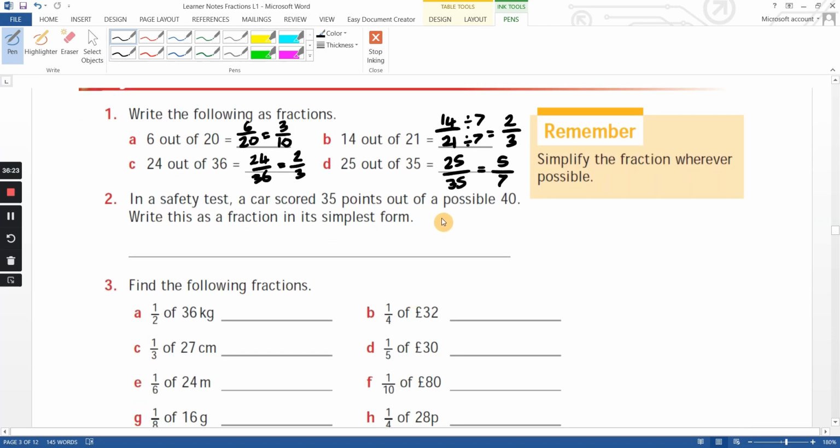Yep, hopefully you got those. Number 2 says, in a safety test, a car scored 35 points out of a possible 40. Write this fraction in its simplest form, so we have to simplify it. 35 out of 40. Let's divide by 5. Get 7 at the top, 8 for my denominator.